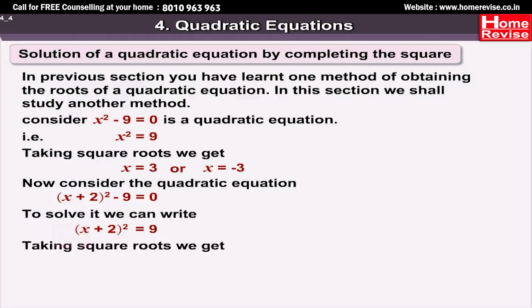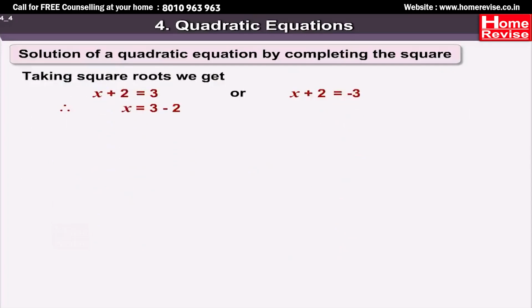Taking square roots, we get x plus 2 is equal to 3 or x plus 2 is equal to minus 3. Therefore, x is equal to 3 minus 2 or x is equal to minus 3 minus 2. Therefore, x is equal to 1 or x is equal to minus 5.